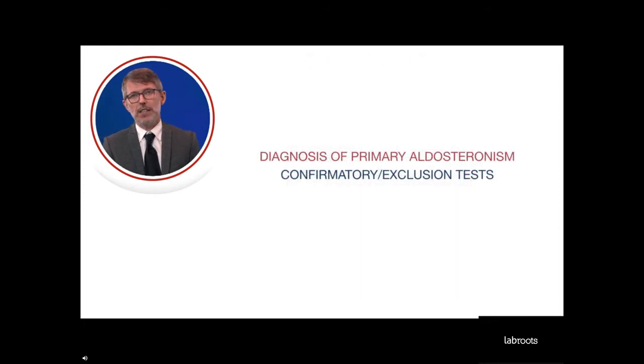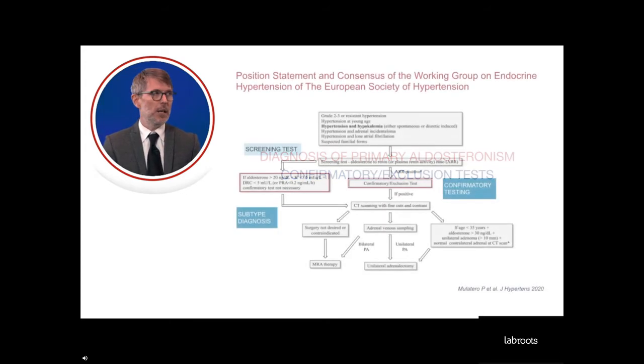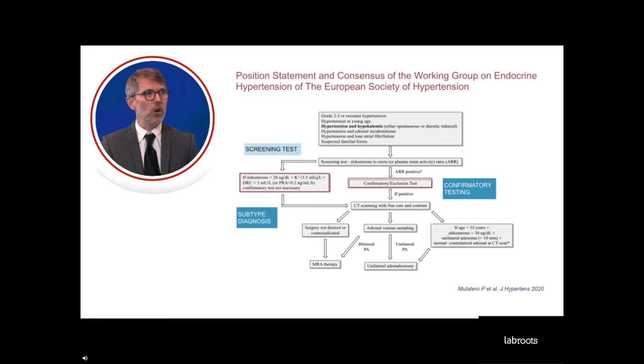After a positive aldosterone-renin ratio screening test, a confirmatory exclusion test should be performed in most cases. In particular, we can avoid the confirmation test if aldosterone values are very high, there's hypokalemia, and renin levels are below the detection limit.